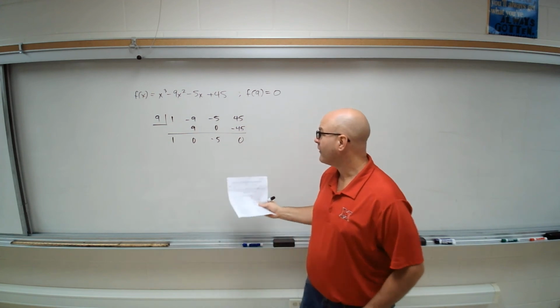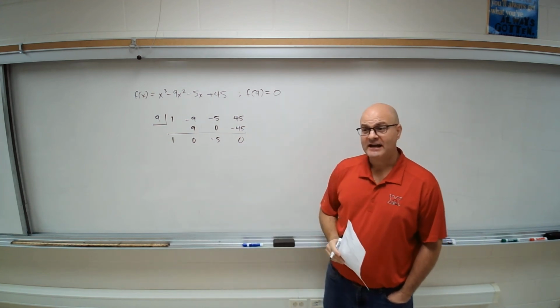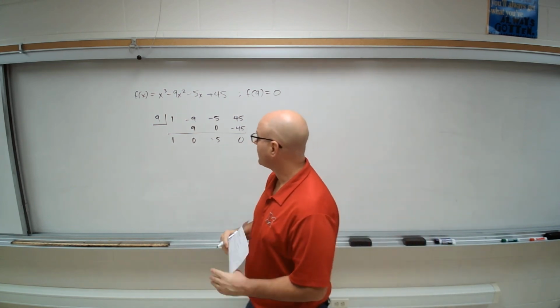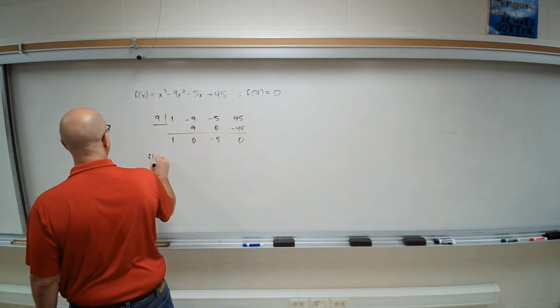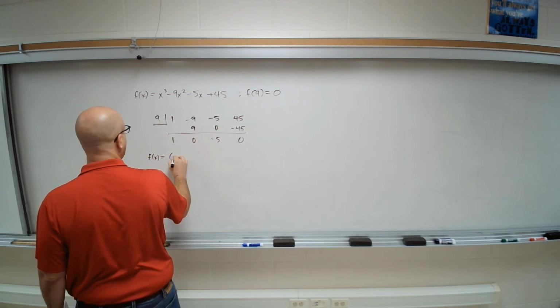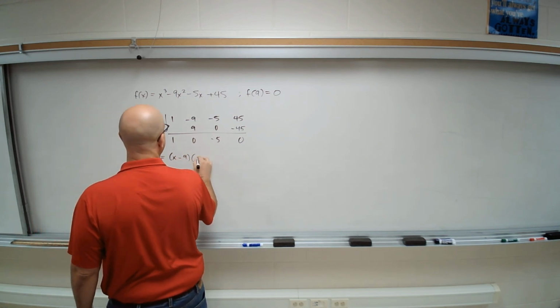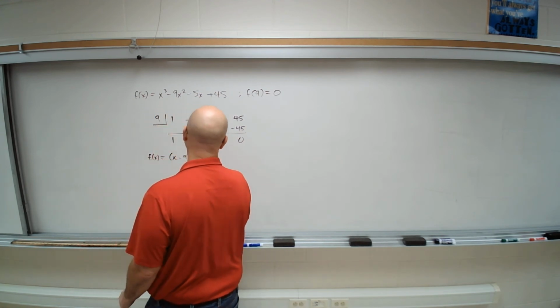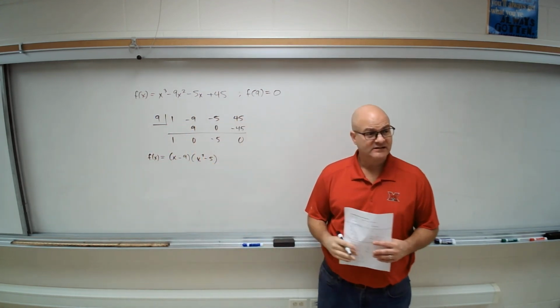So we've confirmed that f of 9 is actually equal to 0, or that 9 is a 0. But let's look at what's left with our factored form. Would be f of x equals x minus 9, and then x squared minus 5.